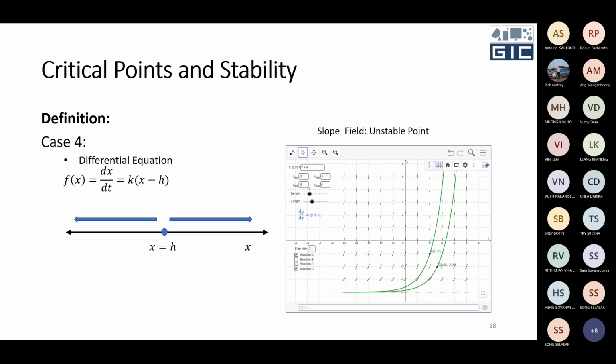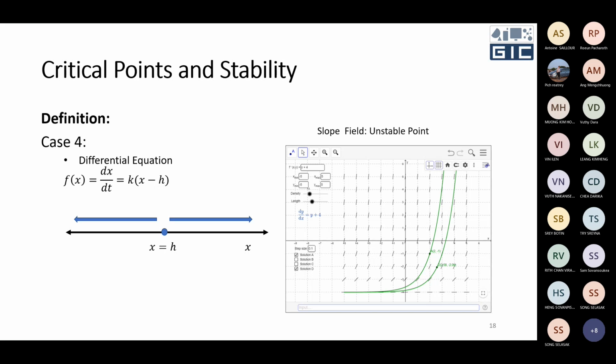So now, as you see, there are four different cases. How can we identify the stable or critical points? One case is that our system produces stability.